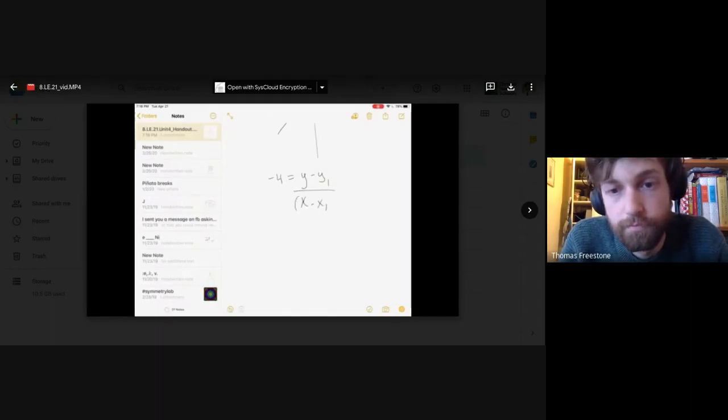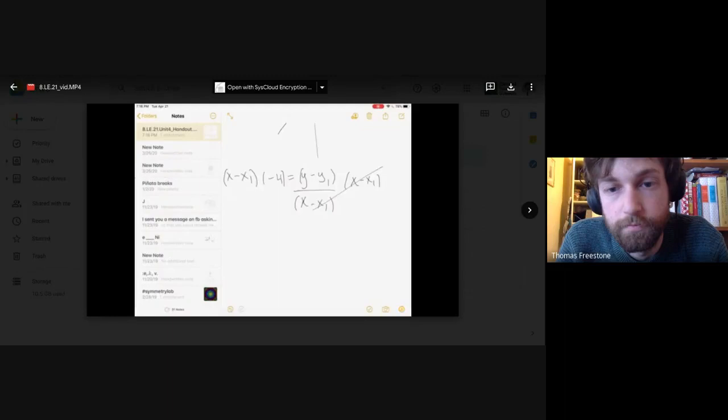And then I'm multiplying both the top of the right side and the top of the left side by x minus x1. And those are equal to 1. And 1 times y minus y1 is just y minus y1.